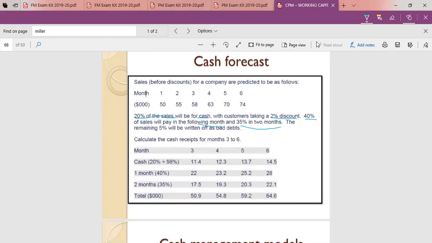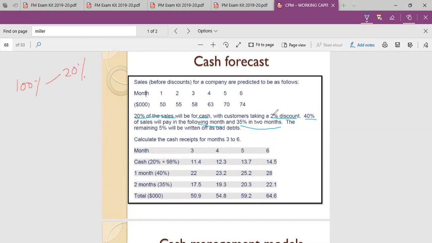So sales are 100%. Once the sales are made, 20% of them are cash sales, 80% of them are credit sales. The 20% are cash sales, so they will be received immediately. These cash sales are made by offering a discount.